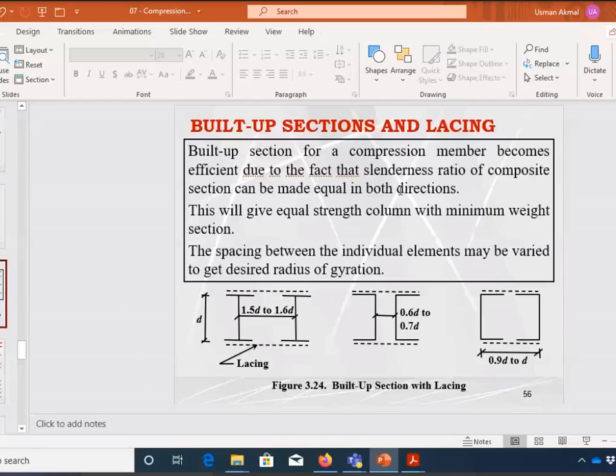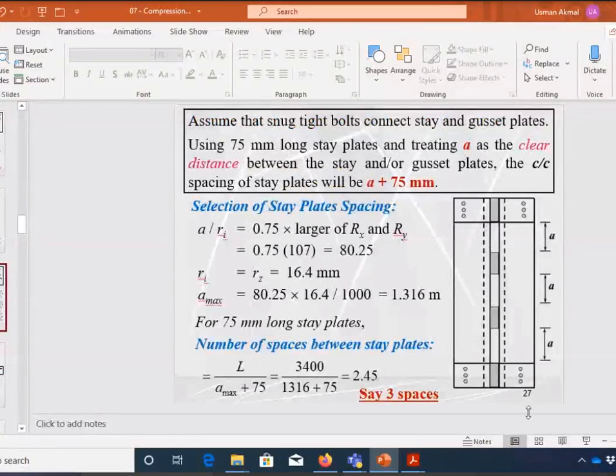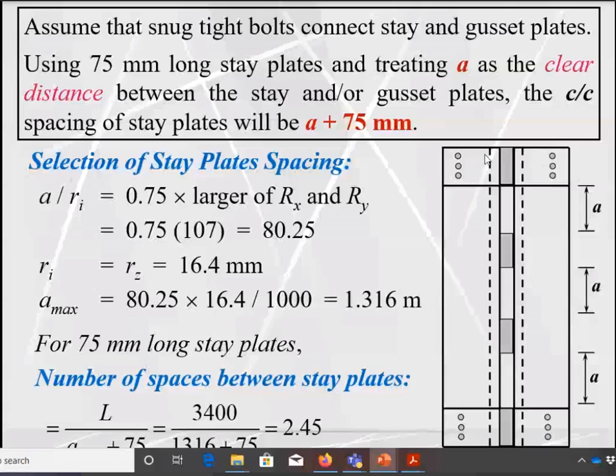Let me show you the section that we have already considered here. At the end we are connecting both single sections with the help of end plates, and along the length we are connecting with the help of 2 or 3 stay plates.